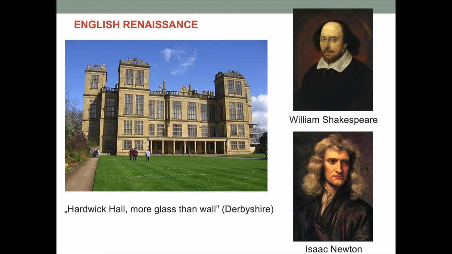Like here we have one palace, Hardwick Hall in Derbyshire, which is very much in the Renaissance style, especially the fact that it's not supposed to be a castle for defense, but rather a palace for pleasure. So the popular saying went, Hardwick Hall, more glass than wall, because that's what you have, a pleasure palace.